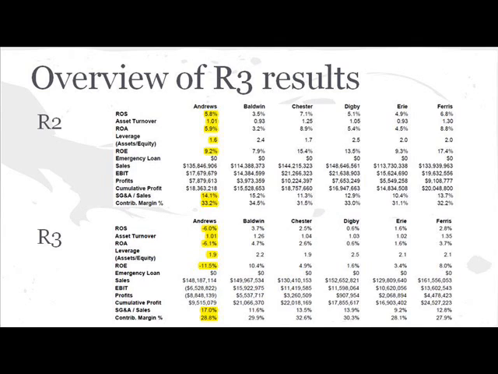Even though we have a higher number of sales compared to last year, the contribution margin dropped from 33.2% in round 2 to only 28.8% in this round. However, this year's contribution margin is still higher than Erie's and Ferris contribution margins, even though the Ferris number of sales is much higher than our number of sales.